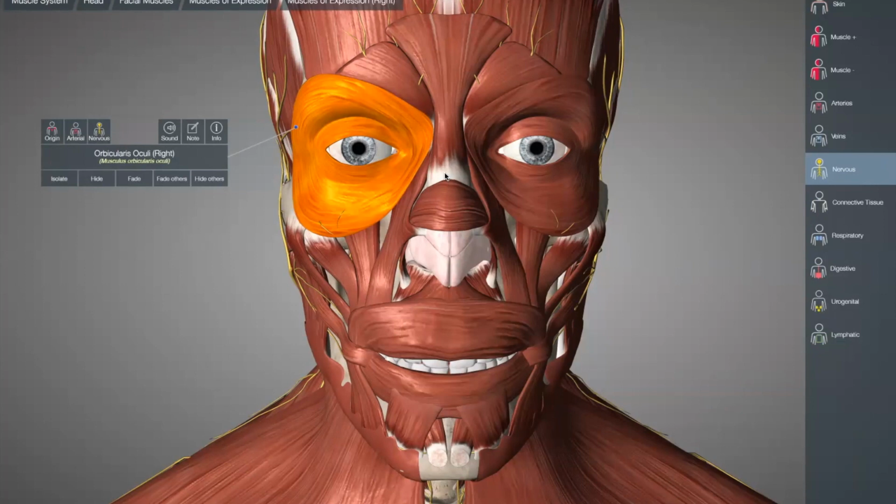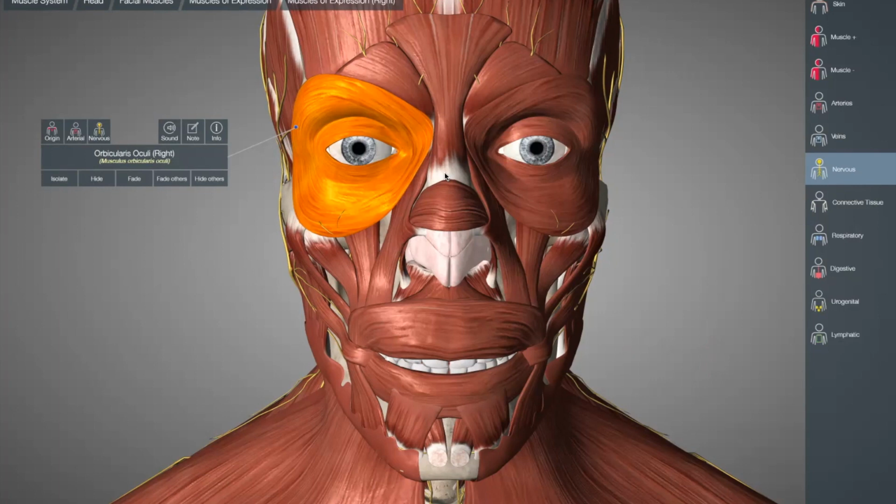Where does it insert? It inserts onto the skin around the margin of the orbit. Is it attached to the frontal process of the maxilla?